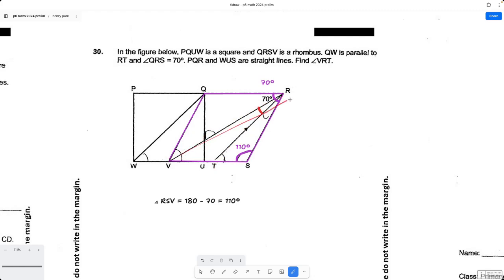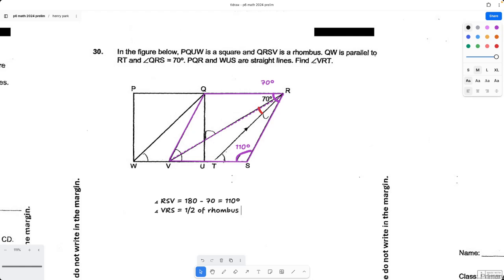Next, we see there is a halfway line. I'm going to draw it in purple, but dotted, over here. So angle VRS is basically half of the rhombus angle, which means half of 70 degrees.